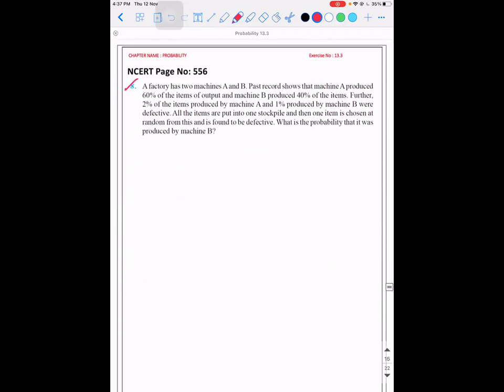Eighth one. A factory has two machines, A and B. Past records show that machine A produced 60% of the items of output and machine B produced 40% of the items. Even before I complete the question, I can understand that 60 plus 40 together is 100, so the event is about choosing a machine.